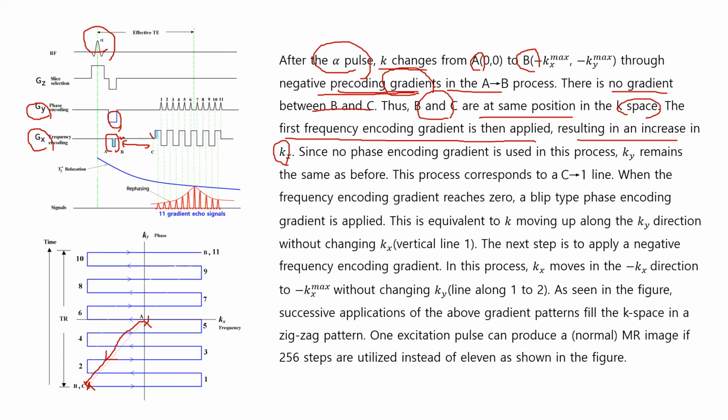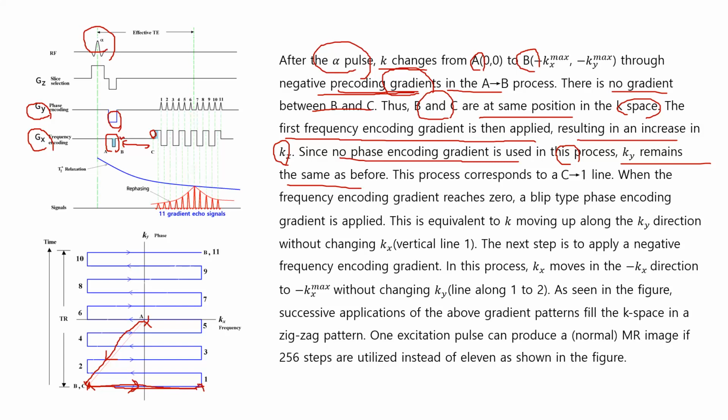So this first frequency encoding gradient increases Kx without changing Ky, so moving in this direction. Since no phase encoding gradient is used in this process, Ky remains the same. So we are moving in this direction.